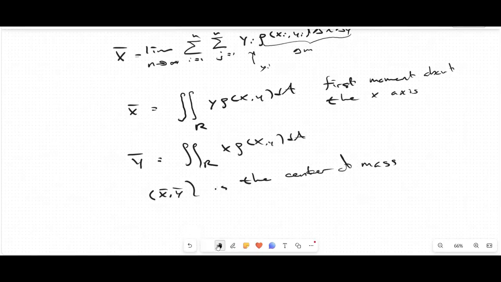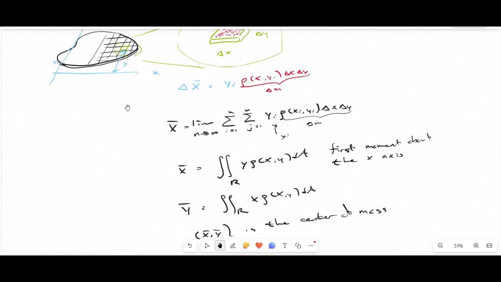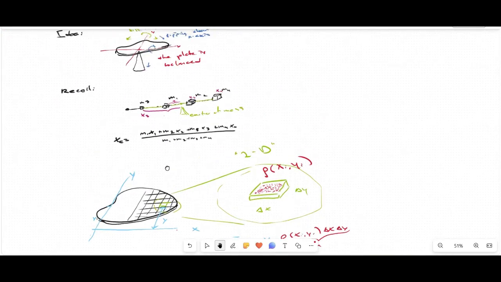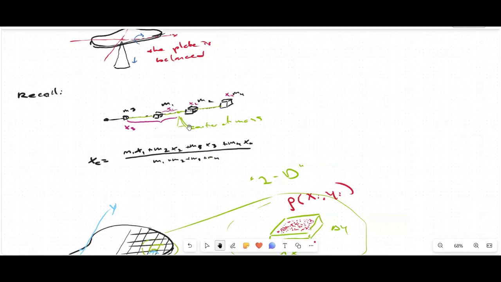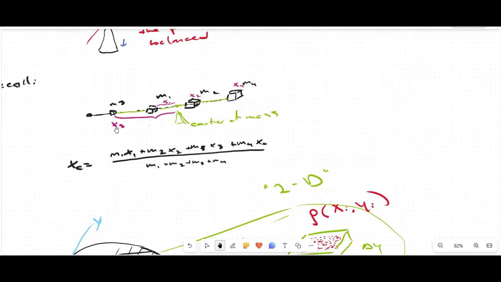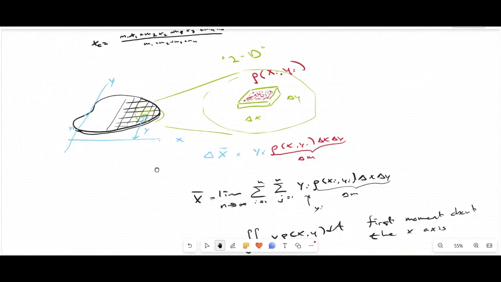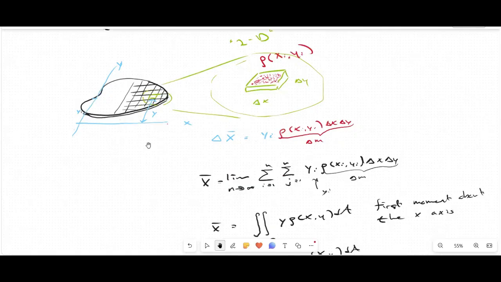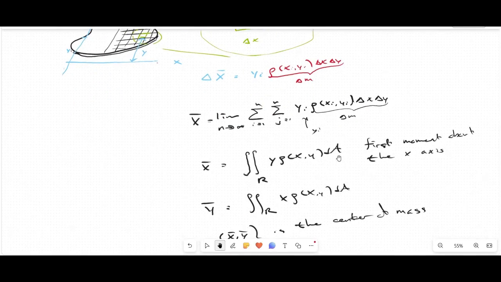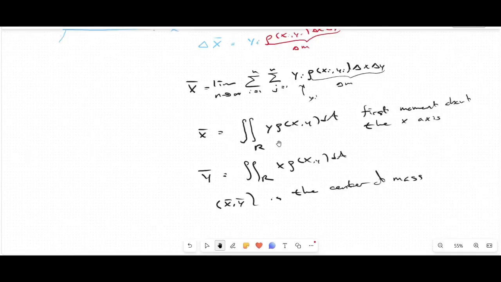Okay, let me just take a step back. In one dimension, the center of mass is found by finding an average coordinate on a given axis, so it's the average x coordinate. Now we've gone to two dimensions and we've found two separate kinds of average coordinate: an average y coordinate and an average x coordinate. And that pair, x bar, y bar.